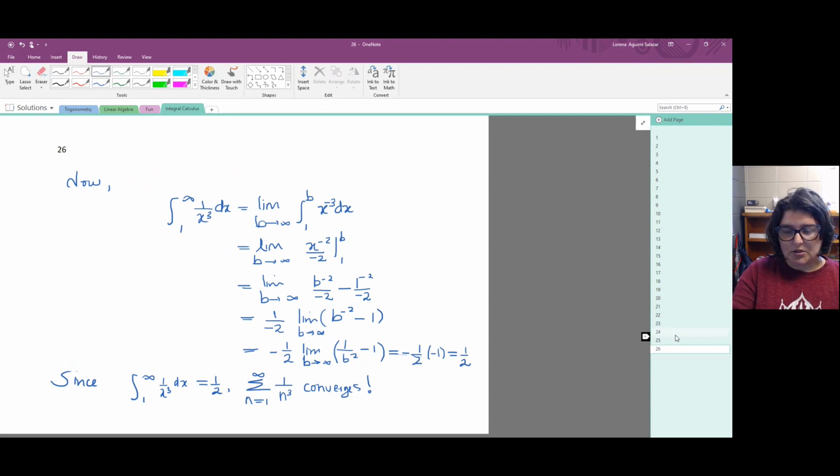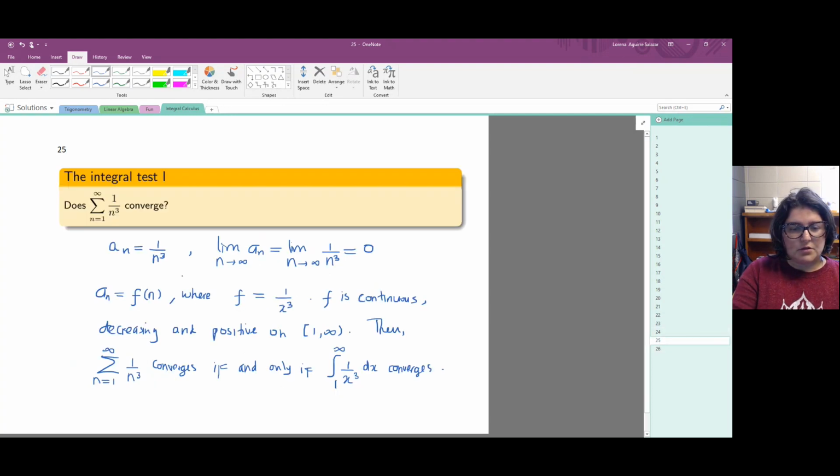All right, so to solve this problem, let's see what we did. First, we checked that the nth term goes to 0 to see that there is hope in checking that the series converges. Then we matched the nth term with f of n, where f is continuous, decreasing, and positive.